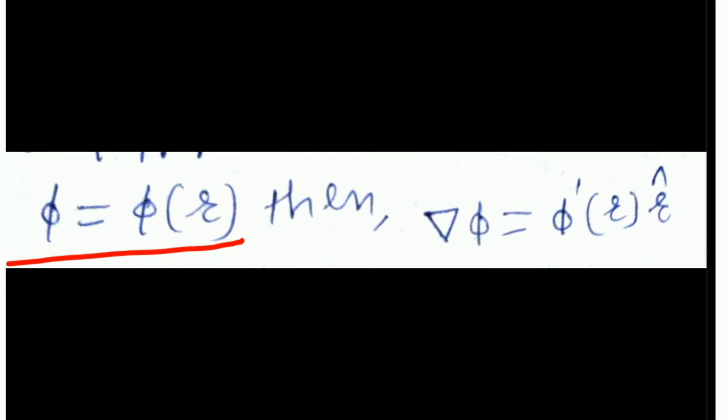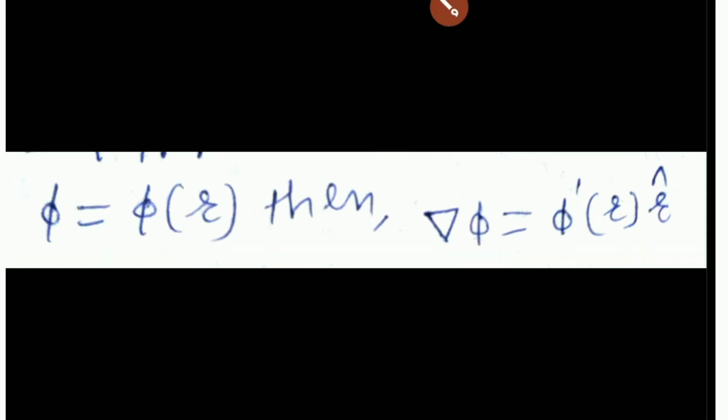Then del phi is equal to phi dash of r into r cap. Differentiating this, we get del phi is equal to phi dash of r into r cap.